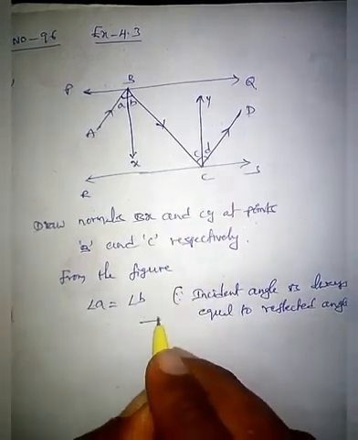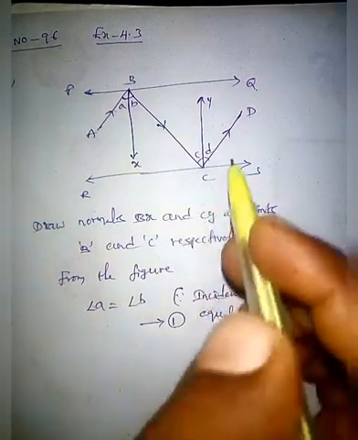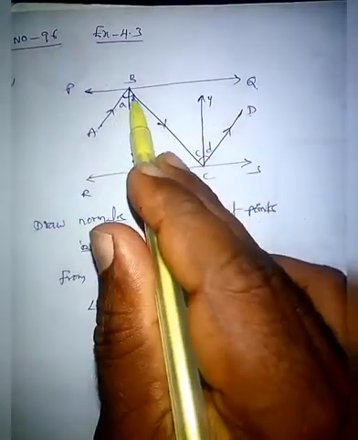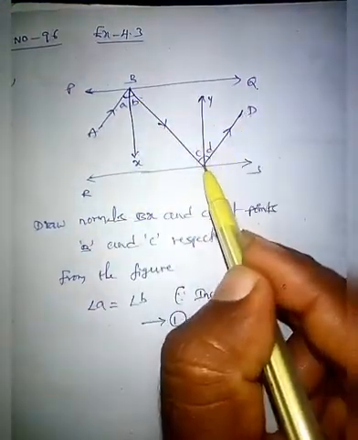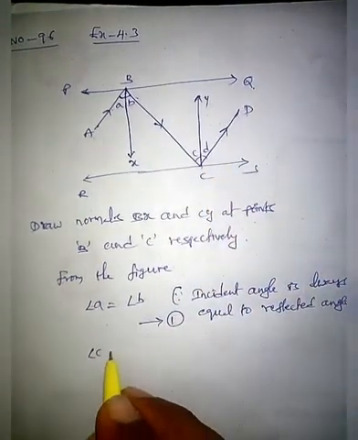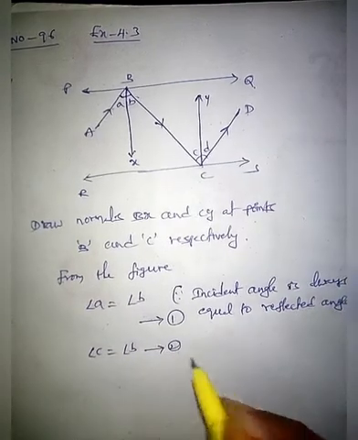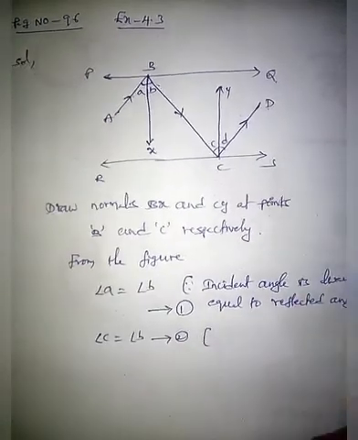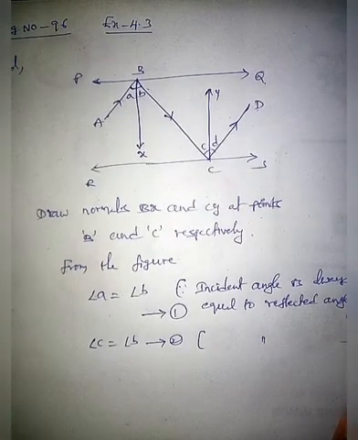Name this as equation 1. Similarly, BC is the incident ray and CD is the reflected ray at this point C. So here also angle C is equal to angle D. Name this as equation 2. Here also the reason is the same, that the incident angle is always equal to the reflected angle.